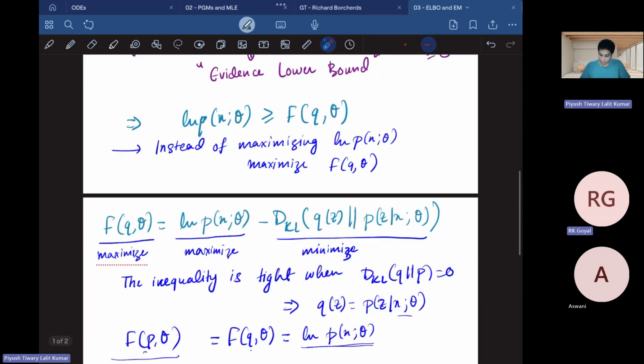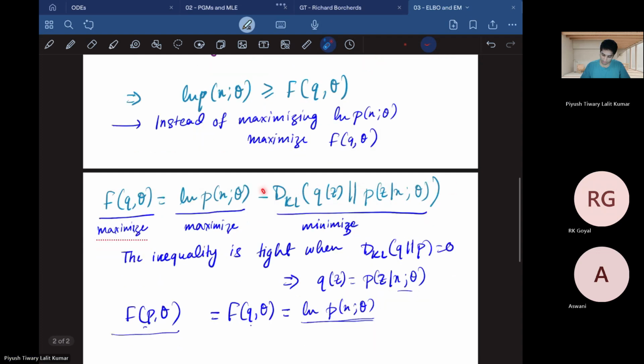But what we know is that once Q of Z is equal to this distribution, P of Z given X, theta, in that case this term will die out. These two will become equal, and then we will optimize theta. Does that make sense? Yes.